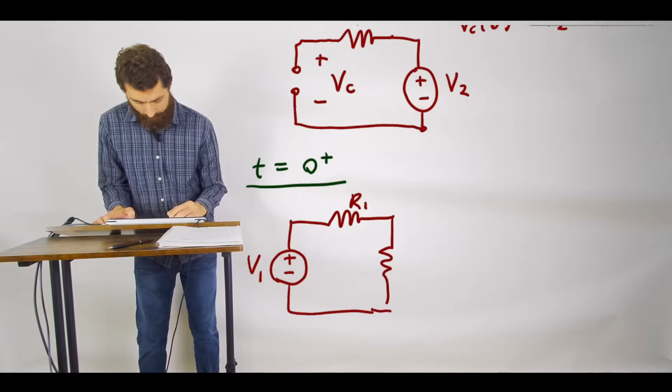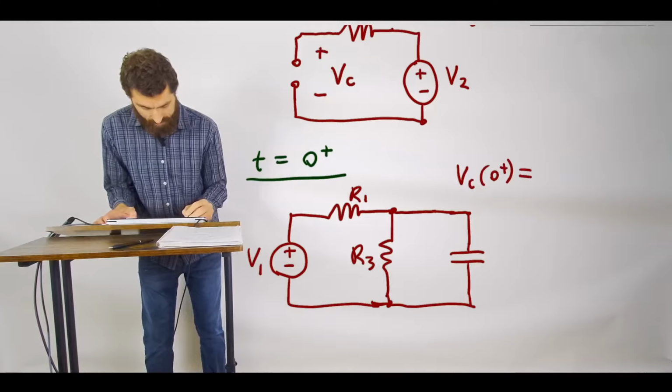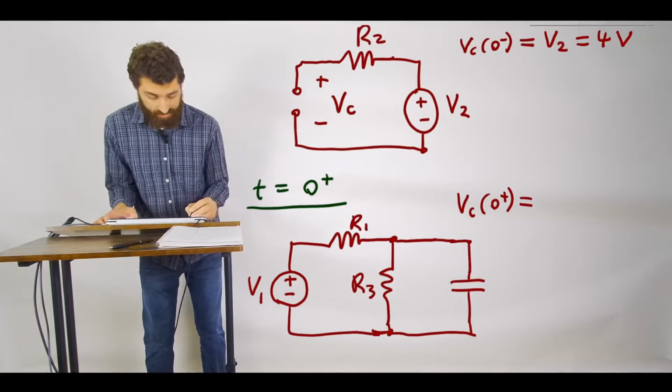But remember that the voltage cannot change in 0 time across a capacitor. So that means that Vc of 0 plus is just going to be the same as Vc of 0 minus, which is 4 volts.